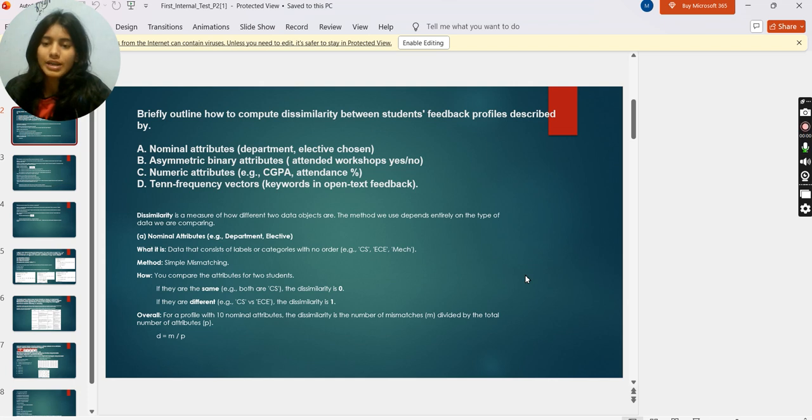How you compare the attributes for two students: if they are the same, that is both are CS, the dissimilarity is 0. If they are different, that is CS versus ECE, the dissimilarity is 1. Overall, for a profile with P nominal attributes, the dissimilarity is the number of mismatches M divided by the total number of attributes P. D is equal to M by P.